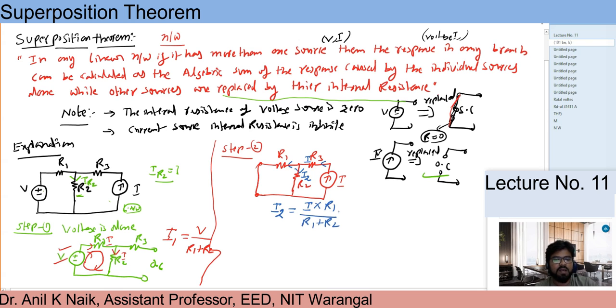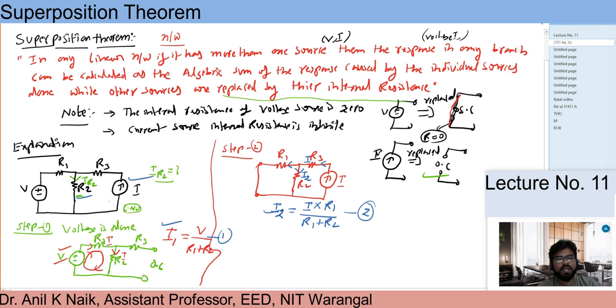So this is equation 1 and this is equation 2. Now we have two sources, one current source and one voltage source. Due to the voltage source, I1 is the response we got in R2. Due to this current source, I2 is the response we got in R2.